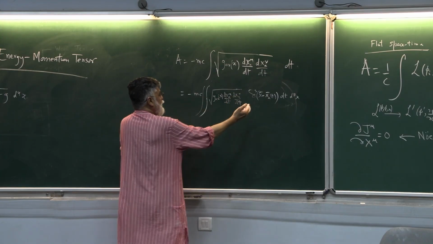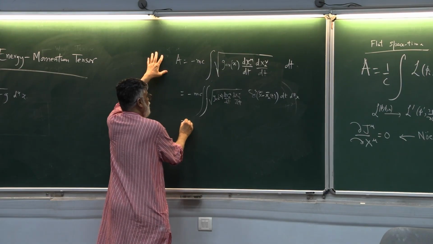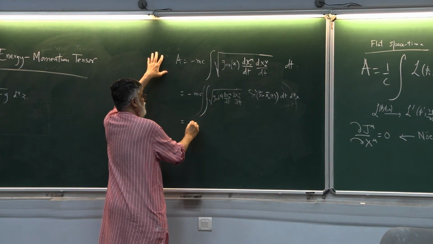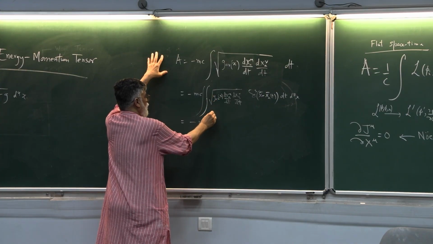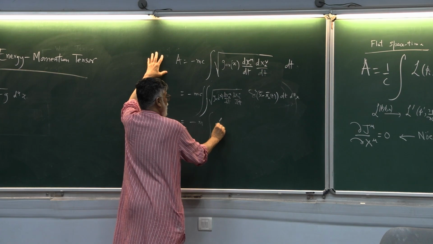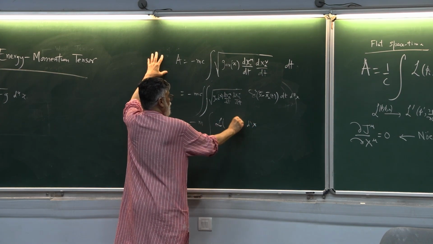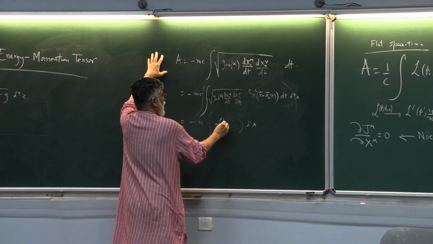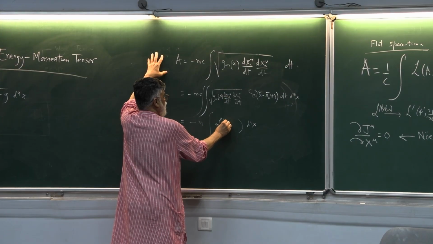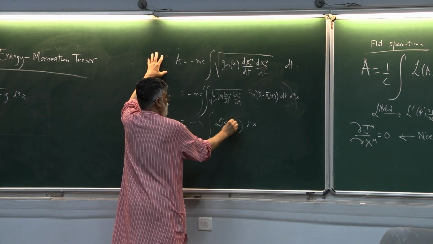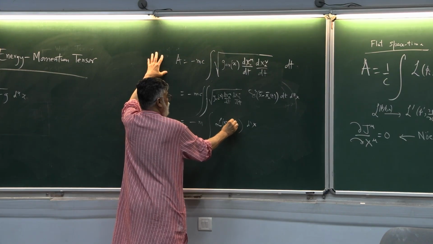Now you see dt d cube x, so this can be written as, multiplied by c, minus m times the integral of a Lagrangian density d4x, where the degrees of freedom are x_A mu and x dot mu.